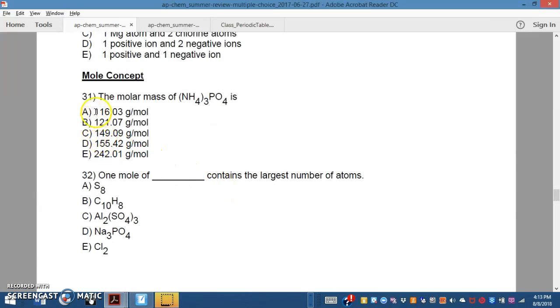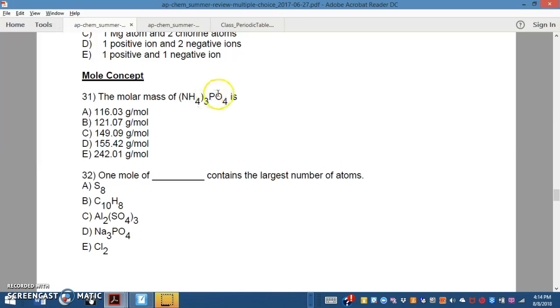Mole concept. So 31, the problem states molar mass of is. So we got to do the calculation. So remember what this means parenthesis wise. So this is just like math. This means that you have 3 nitrogens. So you have 14 times 3.